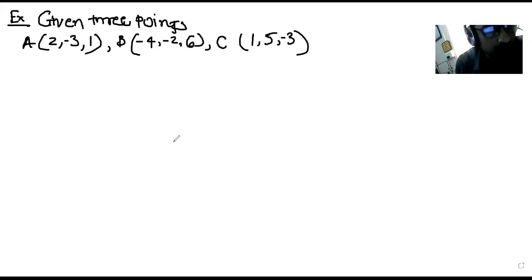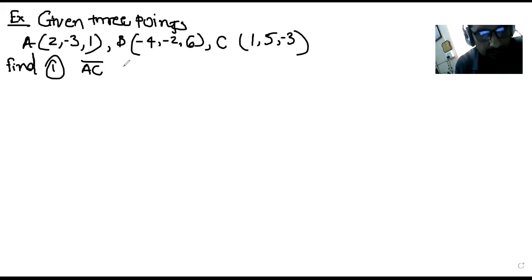Now, what we have to find out here is, number one, the vector from A to C. So I should write here, find number one, the vector from A to C, meaning AC bar. Find AC bar.